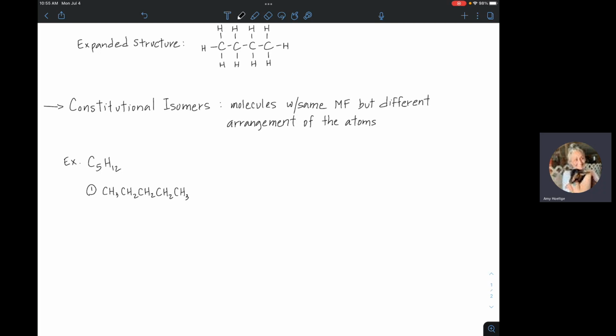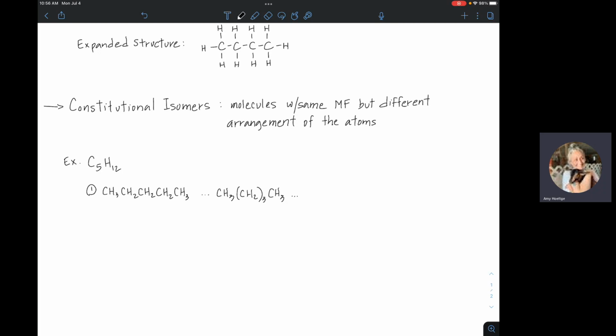So there's your condensed structure. Or you could draw it like this, CH3, parentheses, there are 3 methylenes, so I'll put a 3 outside the parentheses, and then another CH3. Or you could draw what we call a line bond structure.